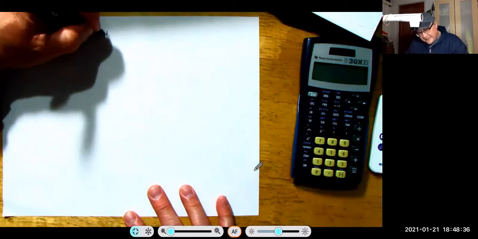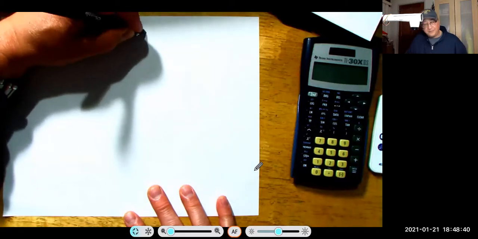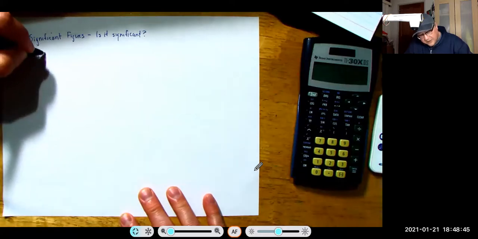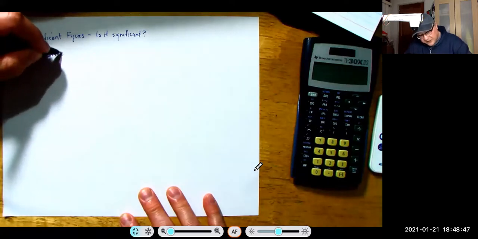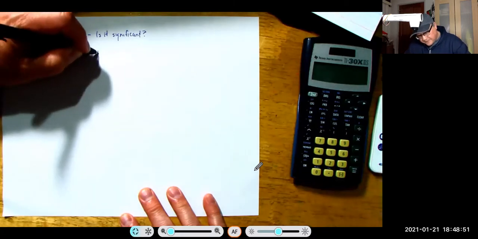Is it significant? Rule number 1, non-zero digits are significant.